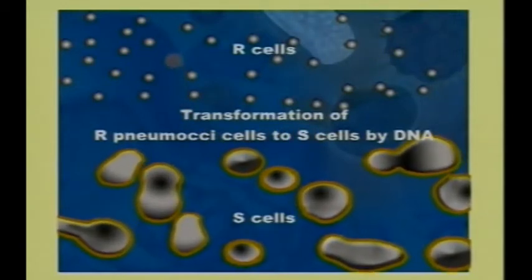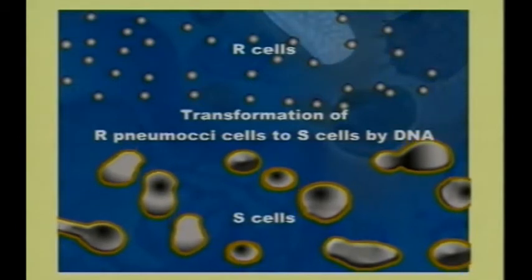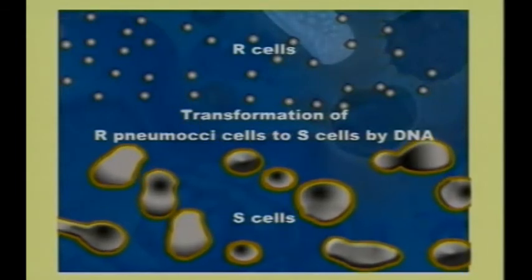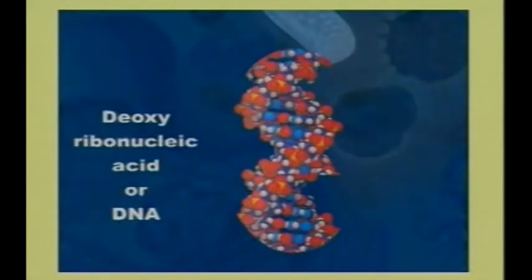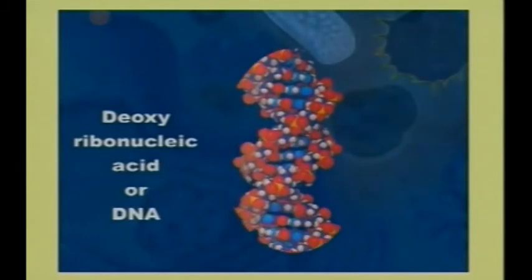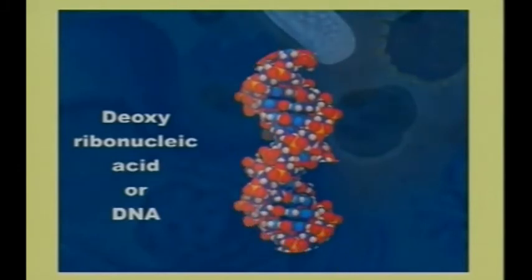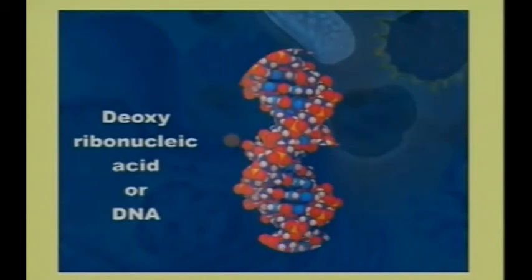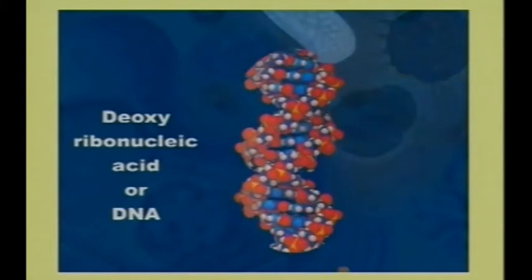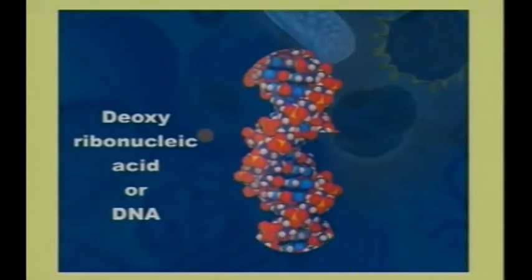Following Griffith, Oswald Avery, an American bacteriologist, pursued this work for a decade to identify this transforming principle by purifying various chemicals from heat-killed S cells and then testing each substance with live R cells to examine its ability to transform the bacteria. Finally, in 1944, Avery and his colleagues, MacLeod and McCarty, announced that the transforming agent had to be DNA, as its properties resembled that of DNA rather than protein.